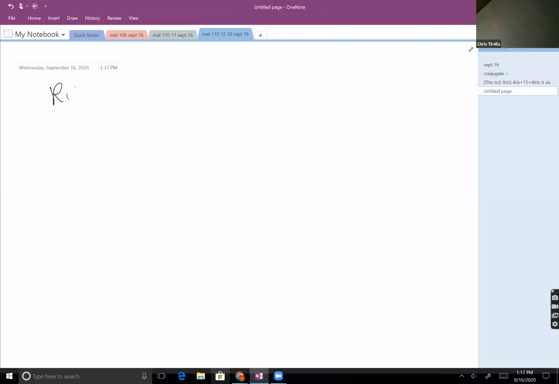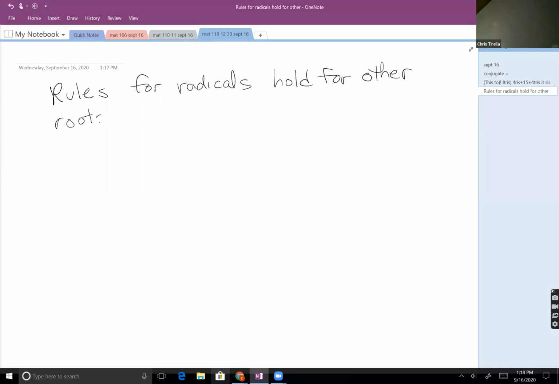The rules that we had for radicals hold for other roots as long as the indices are the same. Grammatically, that's incorrect. Plural of index should be indices.